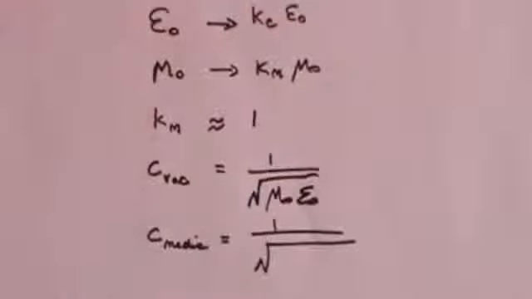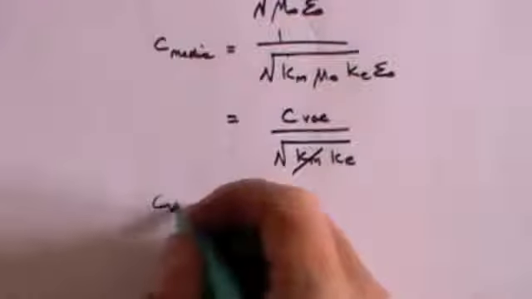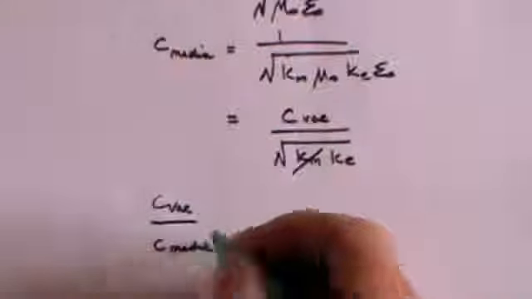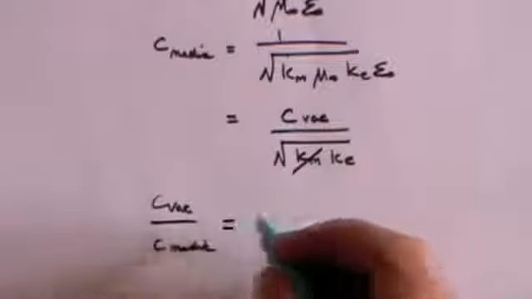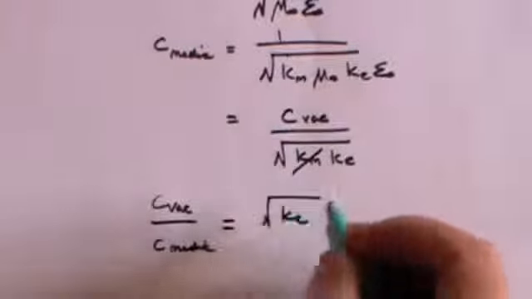So instead of mu naught, we change this equation here. We can see that the speed of light in a vacuum divided by the speed of light in a dielectric media is equal to the square root of Ke.